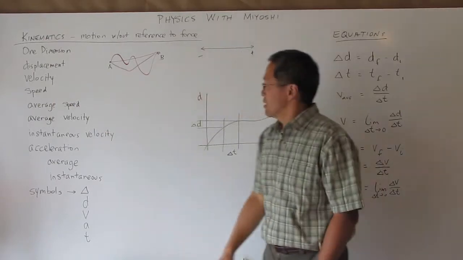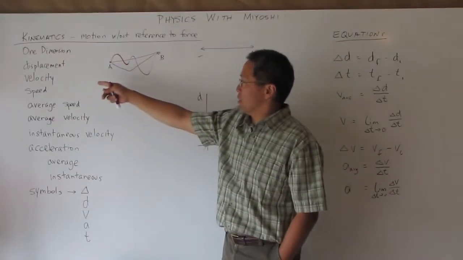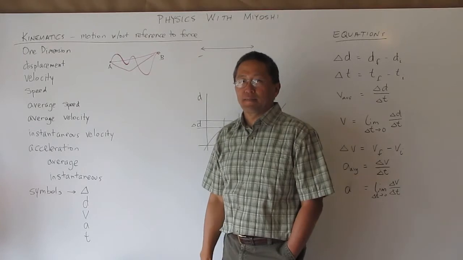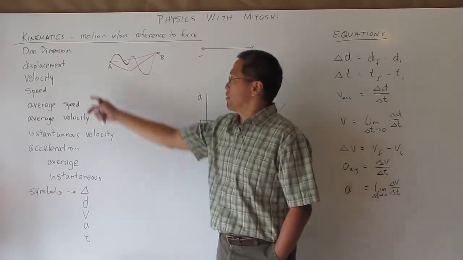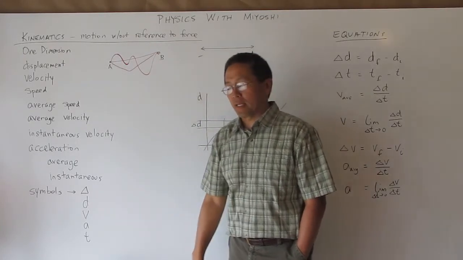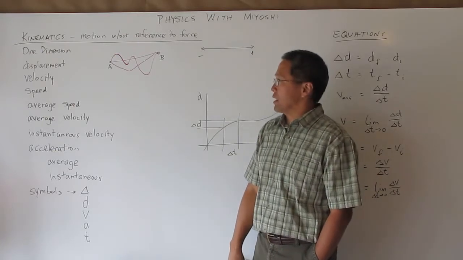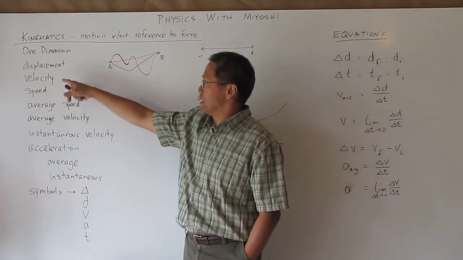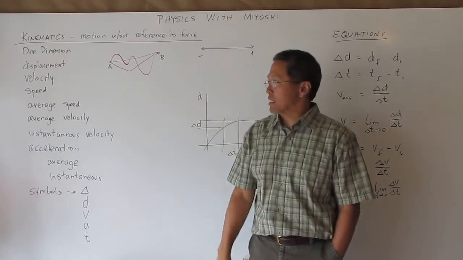We've talked about velocity already, but velocity is how fast we're going, and it is also a vector, so it has direction and magnitude. Speed is merely the magnitude of our velocity.